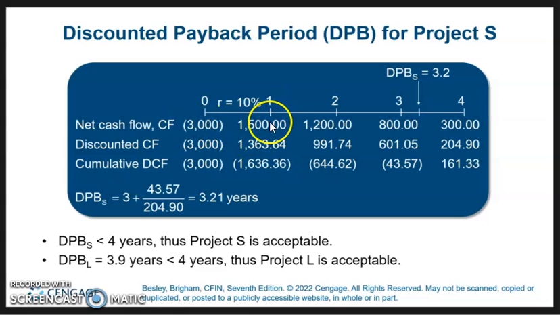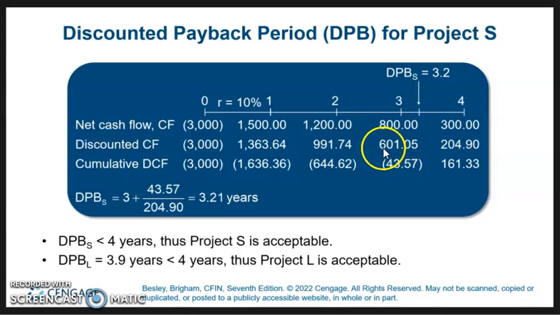We're taking the present value of all the cash flows, which is what we use to calculate this NPV. So we had a $3,000 initial cost, and then we recovered $1,363 in the first year. That leaves $1,636. Then our discounted cash flow is $971 in the second year, so that leaves $644.